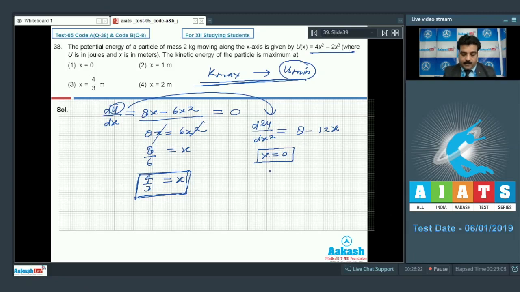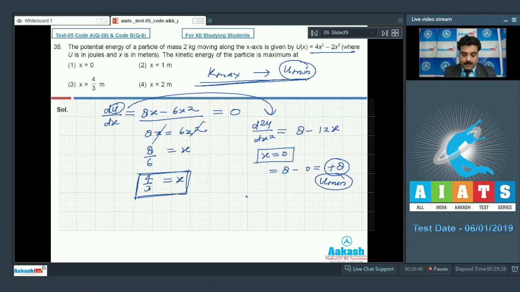So if I put x equal to 0, we'll get 8 minus 0, and that will give you a positive value. If the second derivative of the potential energy is positive, then you can say potential energy will be minimum.